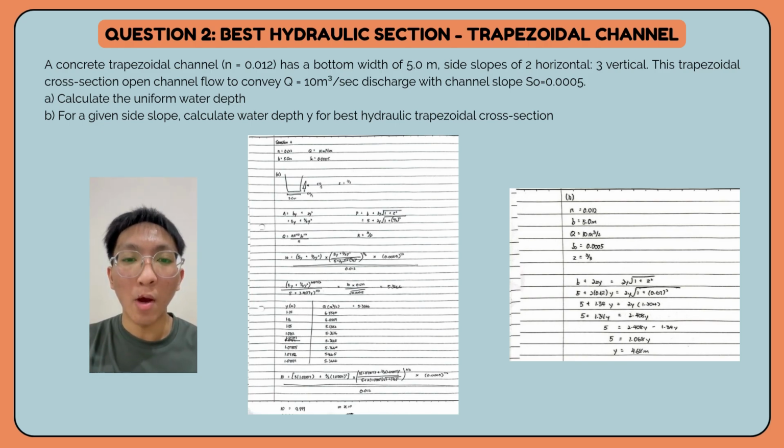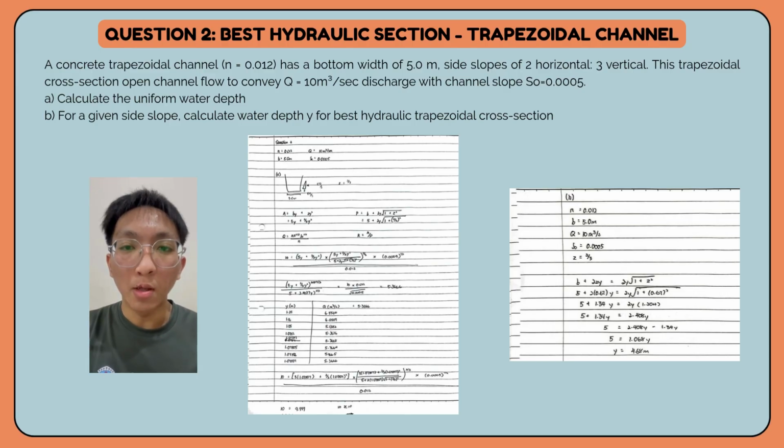Now we just need R, so we use R equal to A divided by P. Then we plug all the data into the formula, use a calculator to separate the part where y is unknown, and we get the answer 5.3666.